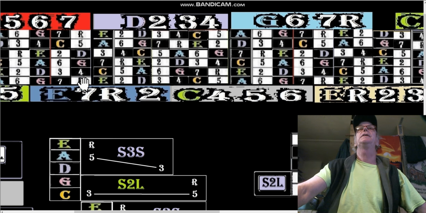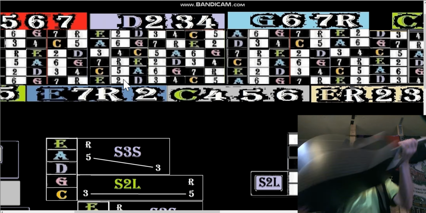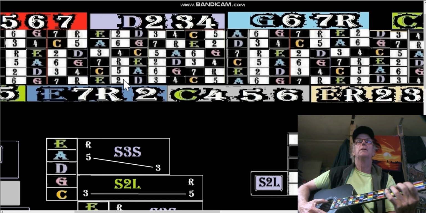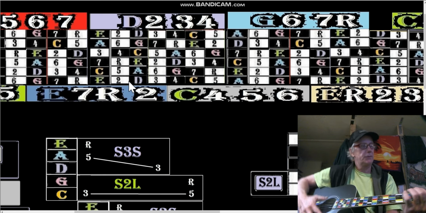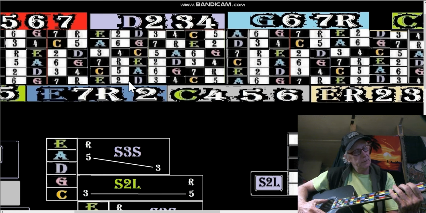So let's look at the D box. I have a low D here. 2 3 4 5 6 7 root 2 3 4 5 6. Now the blackened is just so you can get the pentatonic, but we will be playing those as diatonic string shapes. So it's 2 3 4 5 6 7 root 2 3 4 5 6.